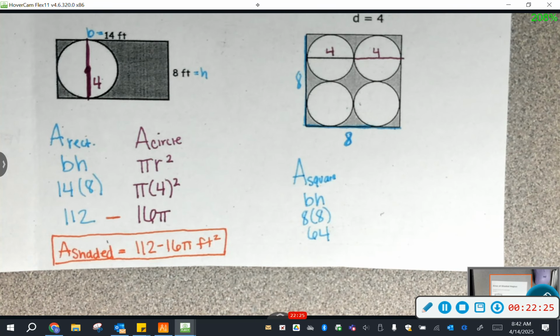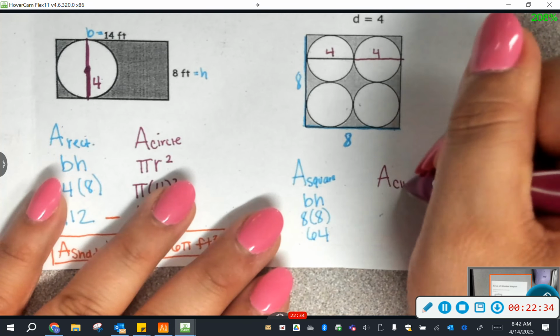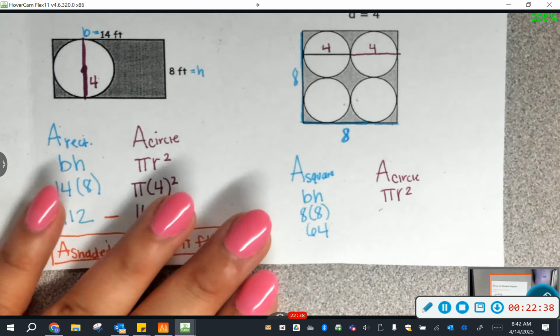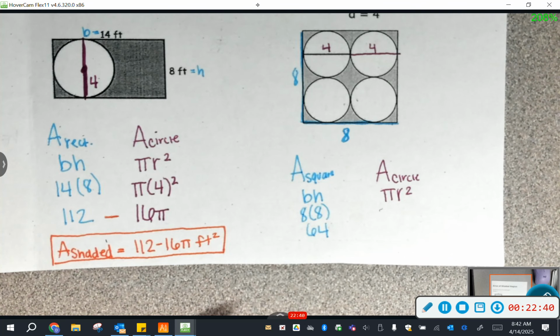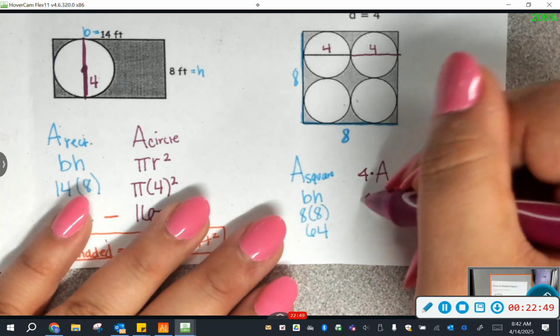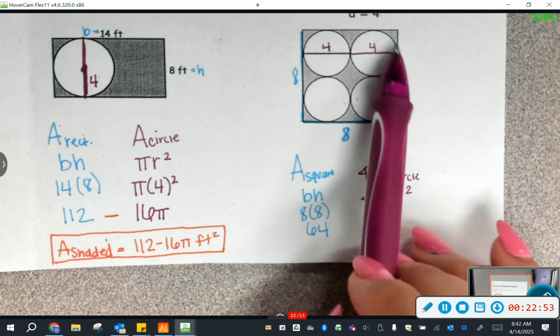What is my smaller shape? The circle. So what am I going to do here to find the area of the circle? Pi r squared. However, how many circles are there? So what am I going to need to do? Times it by 4 circles. Do you agree there's 1, 2, 3, 4 circles?